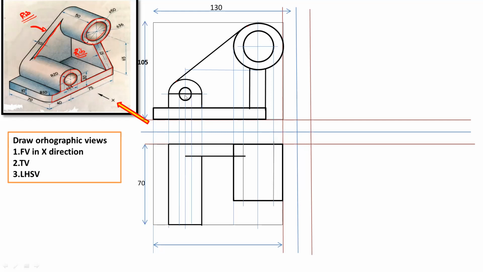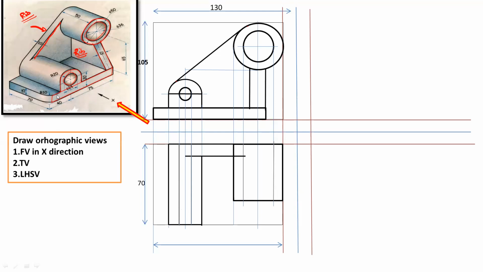Now project this inner circle. In the top view, you will observe the hidden lines, because this is a circular hole. So draw these lines by dash lines. And then draw this vertical line and you have to draw this fillet.